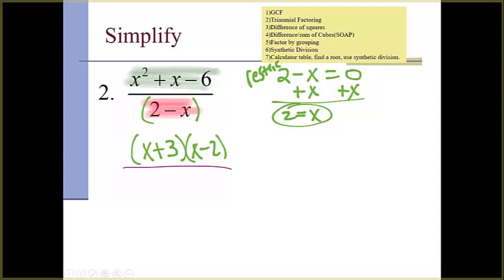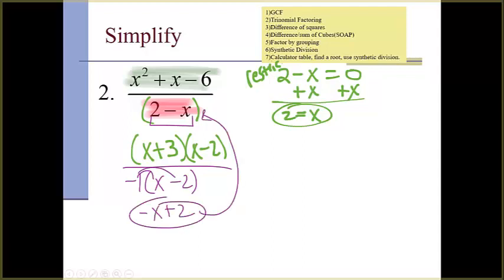So if that's the case, I'm going to factor out a negative 1. And what that's going to do to this particular part is change the x to a positive and the 2 to a negative. And if you want to prove that, you distribute, you get negative x plus 2. It's the exact same thing as up here. So it's a factoring technique that is used, and it's called factoring out the negative 1.